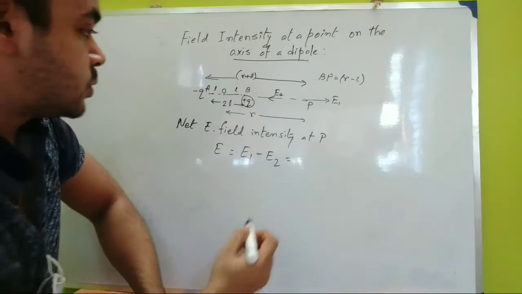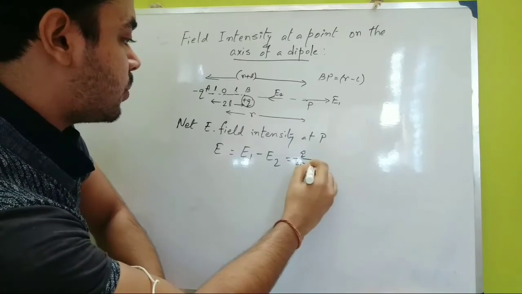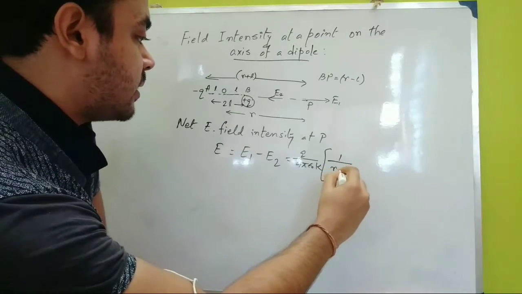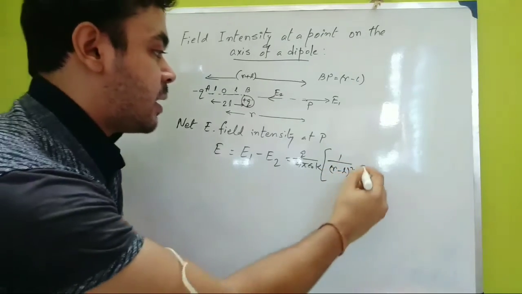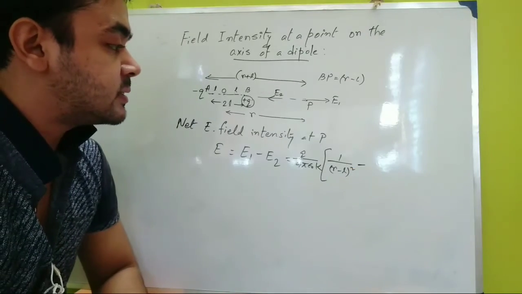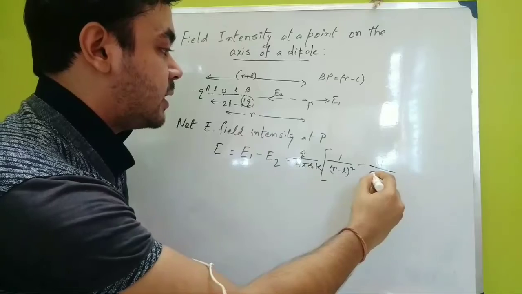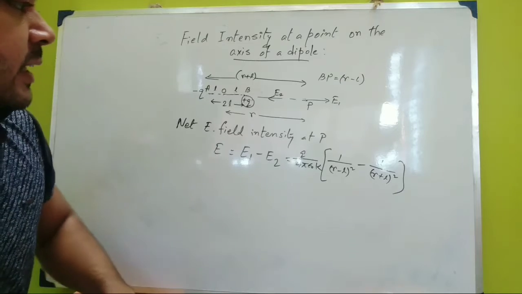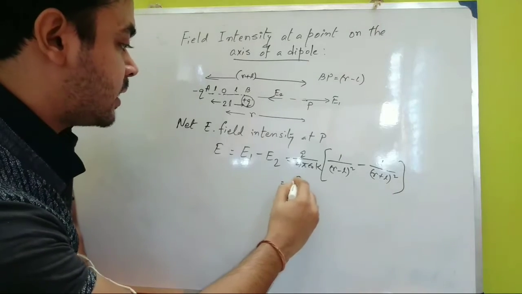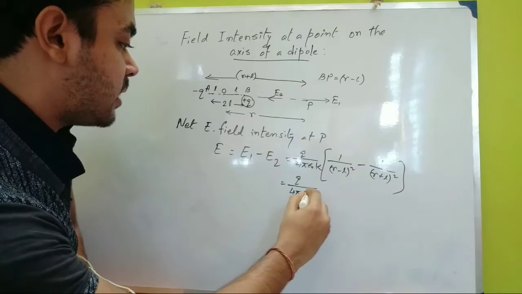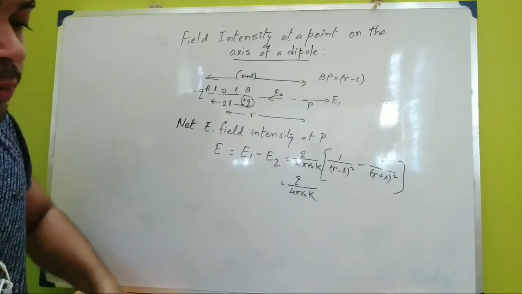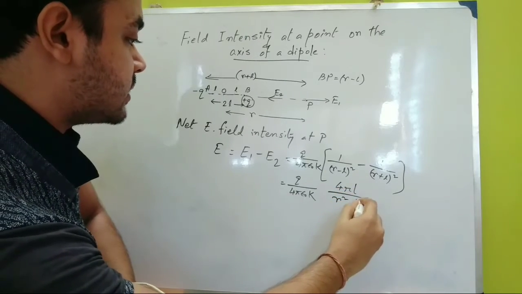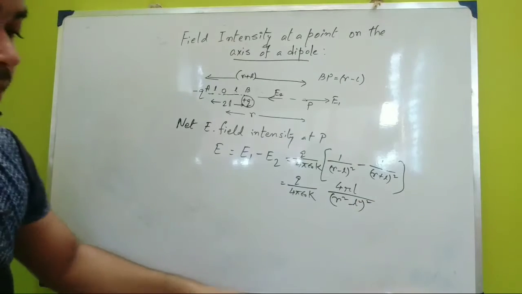So Q divided by 4 pi epsilon 0 K into, within bracket, 1 by (R minus L) whole square minus 1 by (R plus L) whole square. So it will be equal to Q divided by 4 pi epsilon 0 K into 4RL divided by (R square minus L square) whole square.